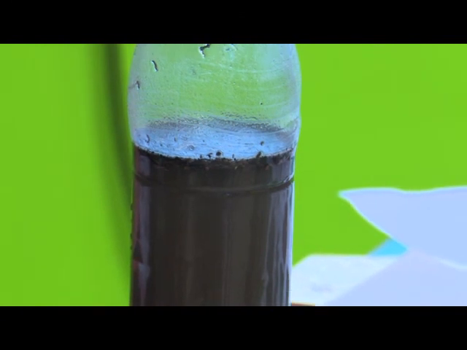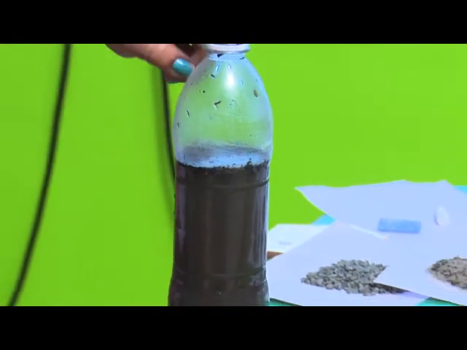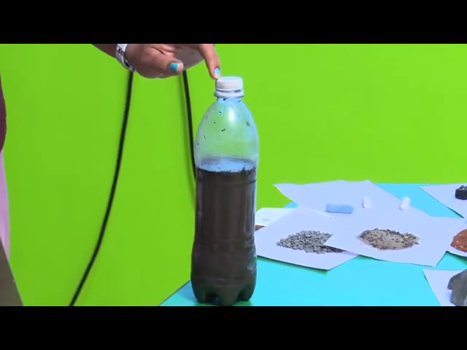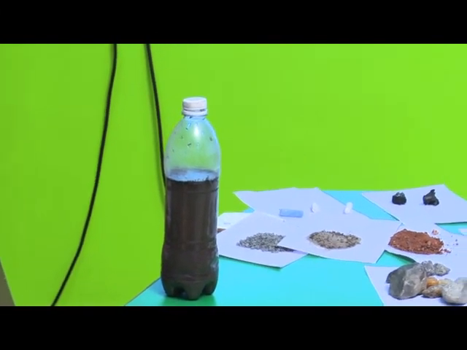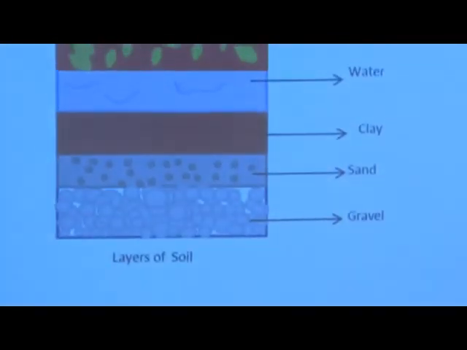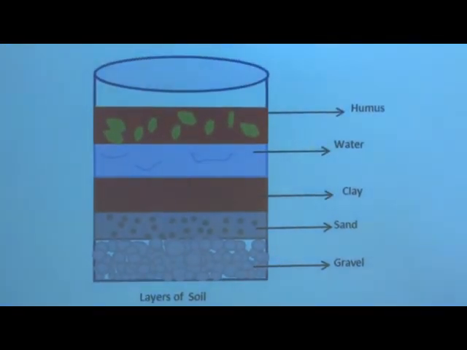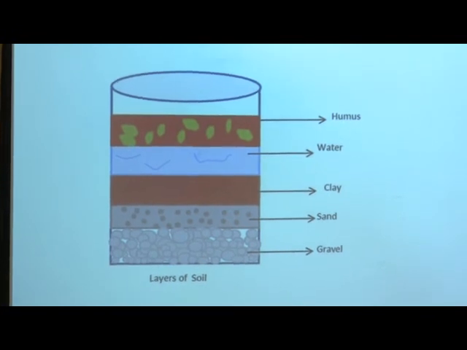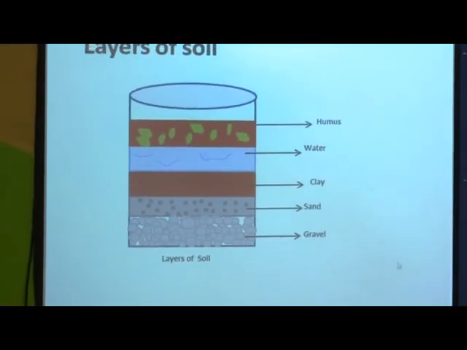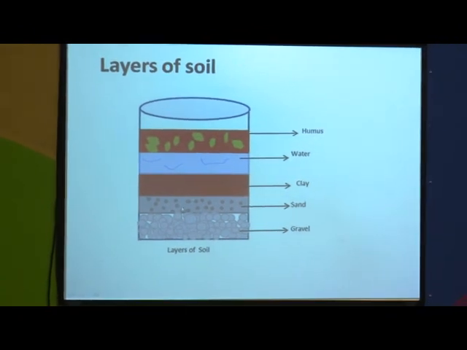Okay. Now we will keep it as it is. I will show you at the end what changes will happen in this bottle. Now we will move to the next. See, actually whatever activity we have done just now, at the end what can you see? You can see the layers of soil in the same way. Can you see here? Yes.